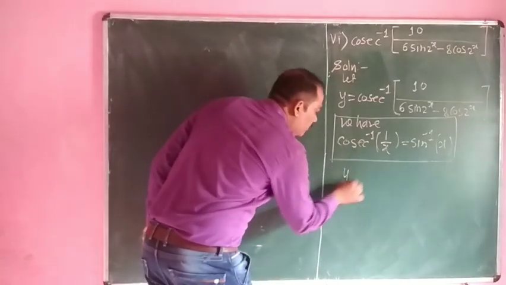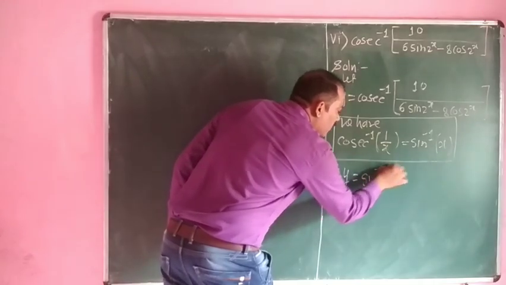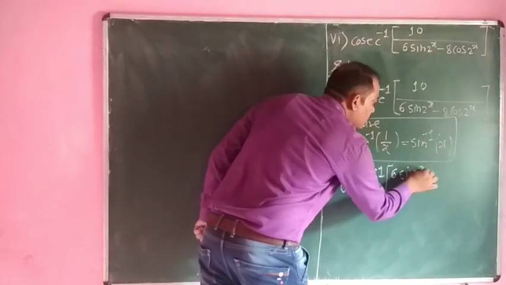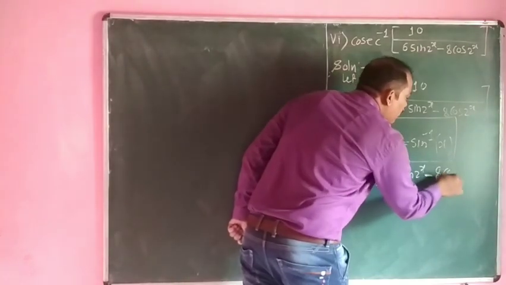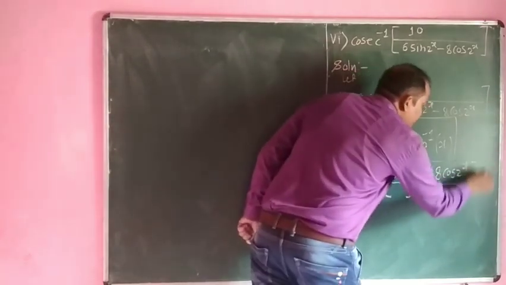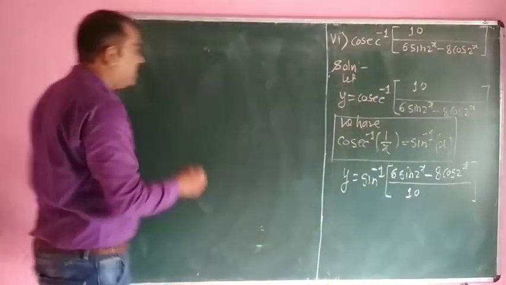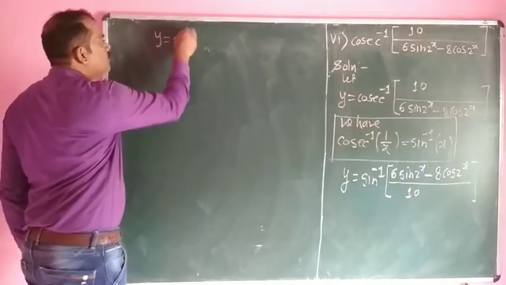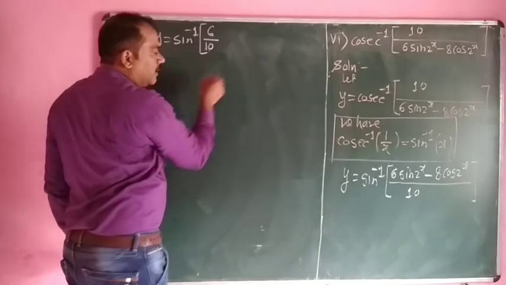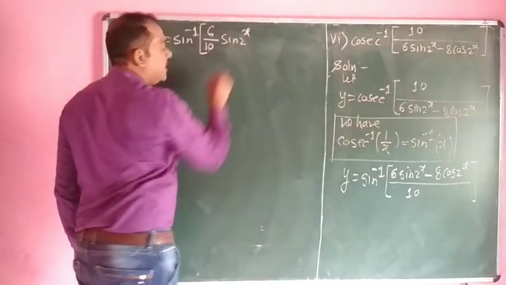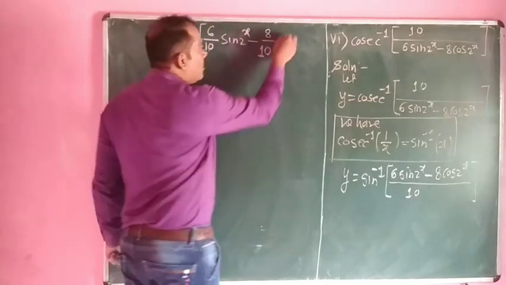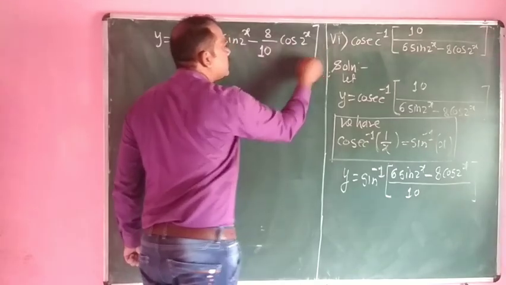By using that formula, we get y is equal to sine inverse of 6 times sine of 2 raised to x minus 8 times cos of 2 raised to x, divided by 10. By dividing separately by 10, we get y is equal to sine inverse of 6 divided by 10 into sine of 2 raised to x minus 8 divided by 10 into cos of 2 raised to x.